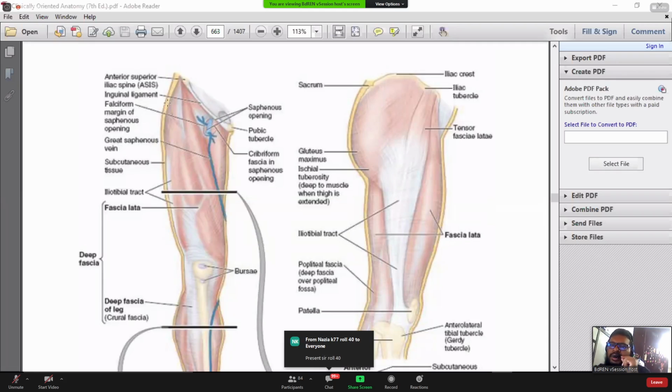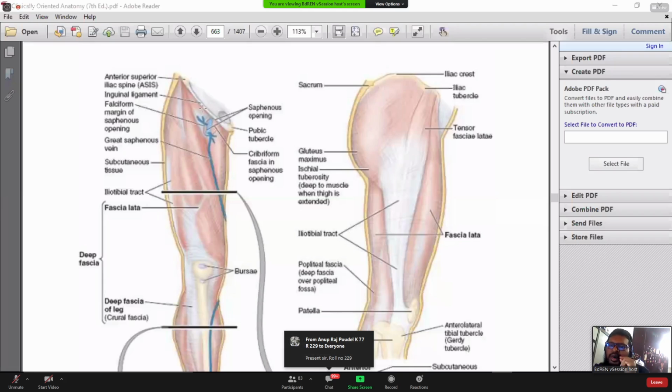Laterally, it goes to the iliac crest, and posteriorly, it attaches with the gluteal fascia and reaches the sacrum and coccyx. Inferiorly, it is attached to the bones of the knee region, that is the medial condyle, lateral condyle of the femur, and other areas.